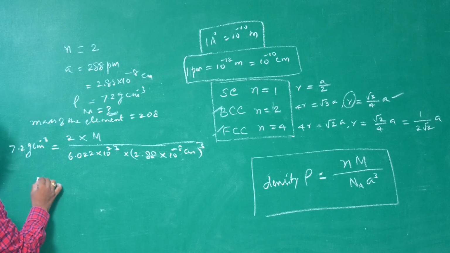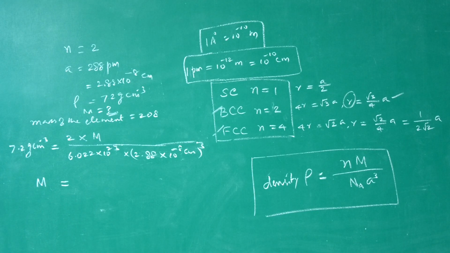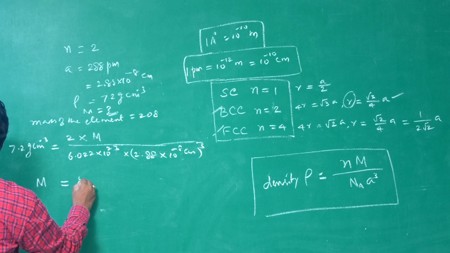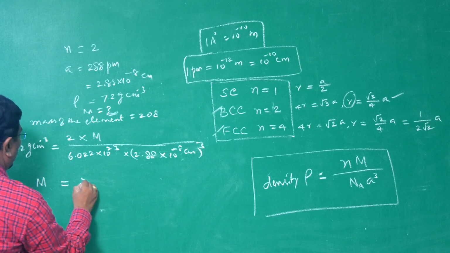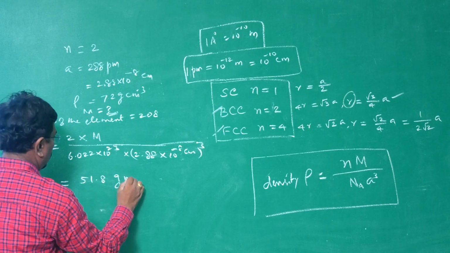We will be solving for molar mass. You can solve that problem on your own, and how to solve in a simple manner I will discuss in some other session. Now, molar mass comes to approximately 51.8 gram per mole.